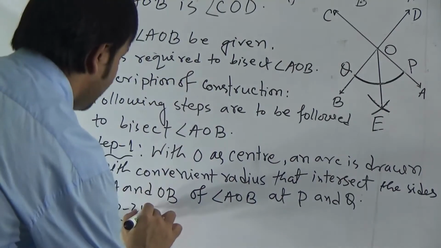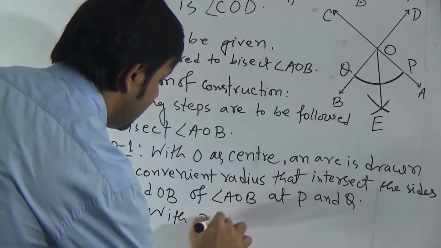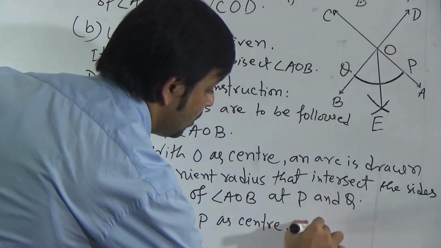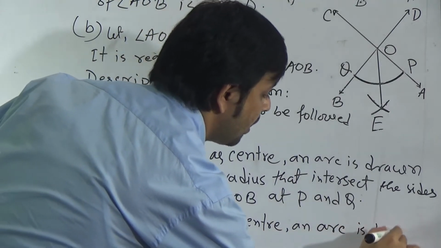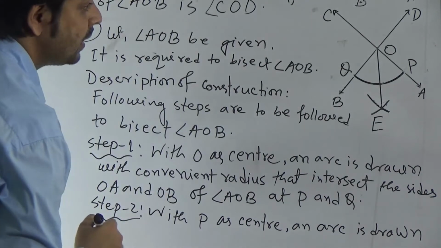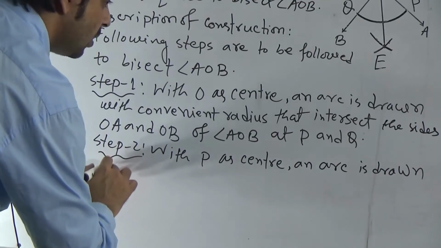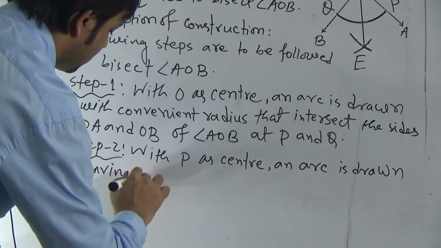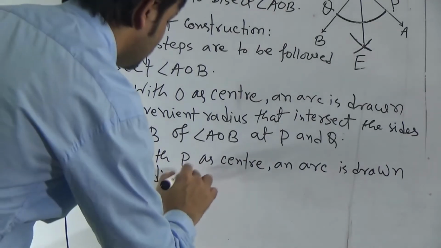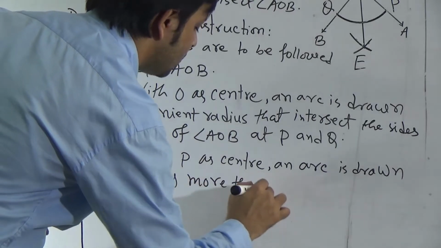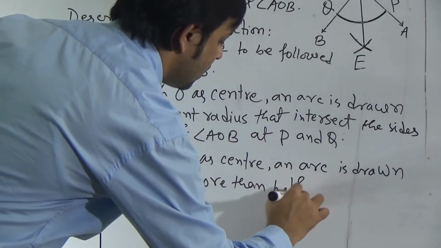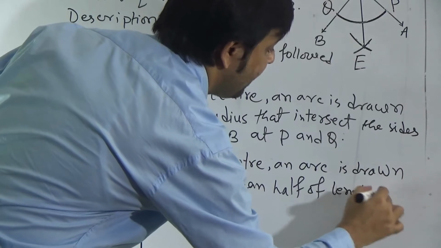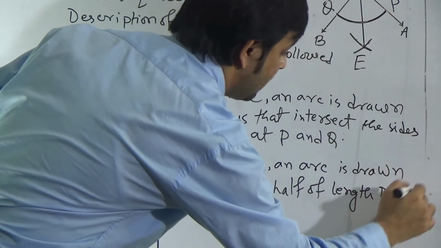We can write: with P as center, an arc is drawn having radius more than half of length PQ in the interior of angle AOB.